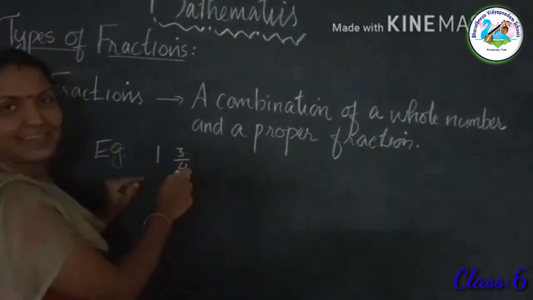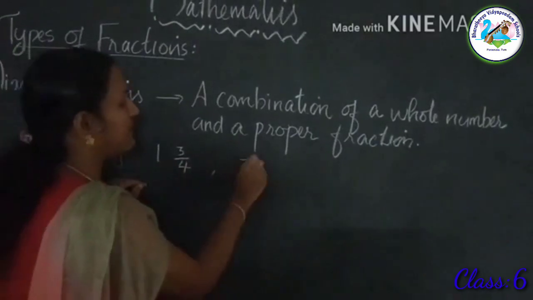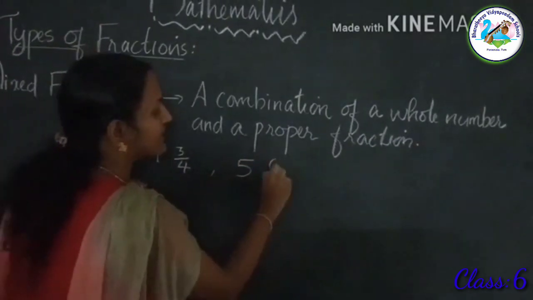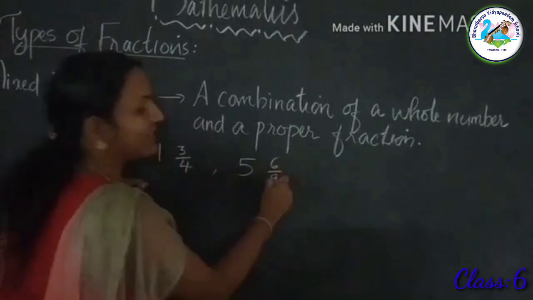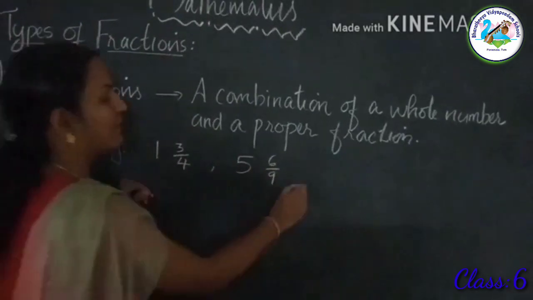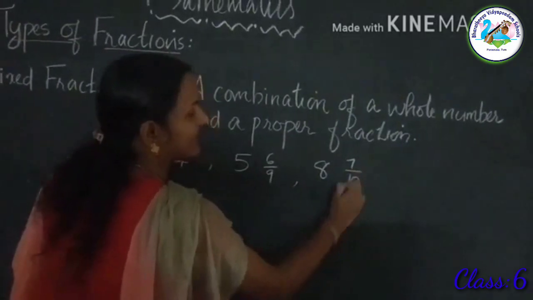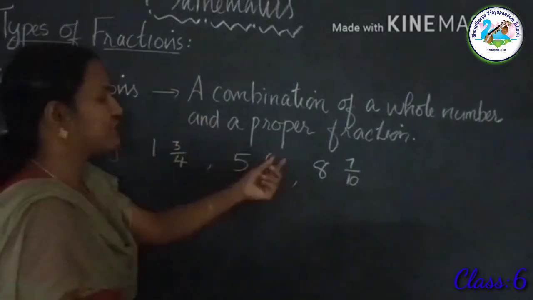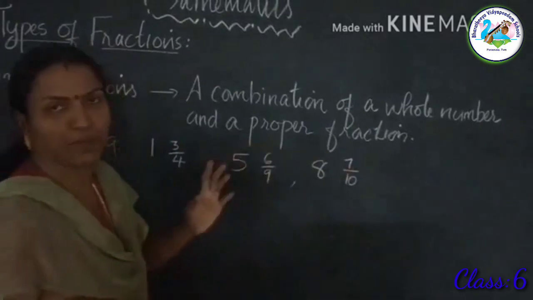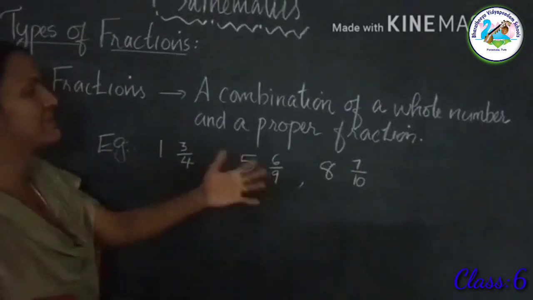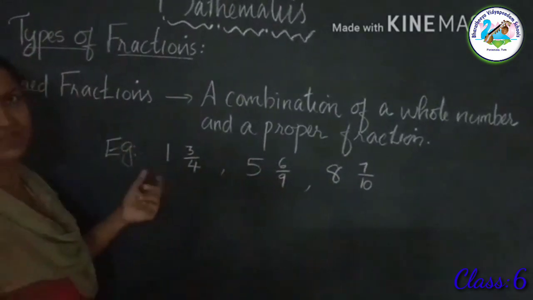The numerator is less than the denominator. Okay. One more example, 2 6 by 9. And 3 7 by 10. 3 by 4, 6 by 9, 7 by 10. These are all proper fractions. So these are the examples of mixed fractions.